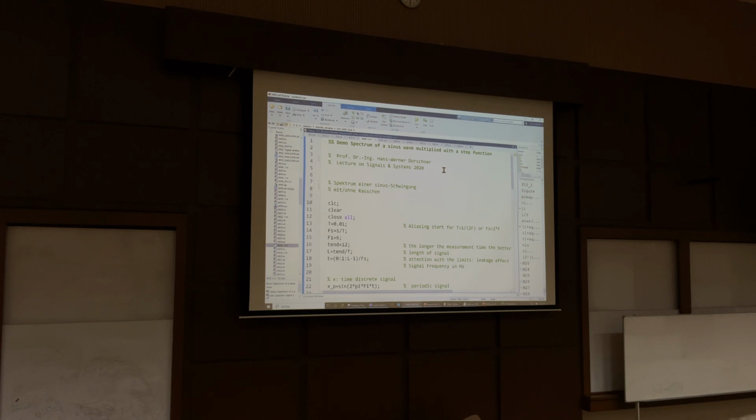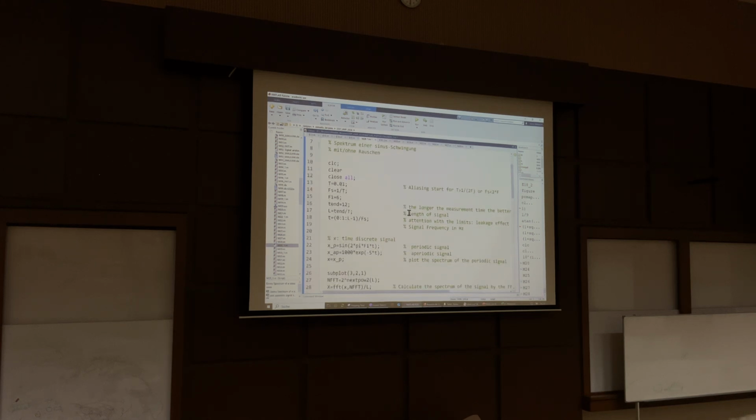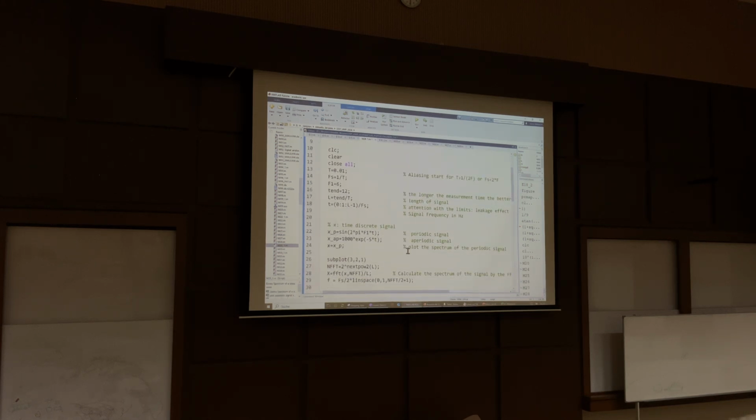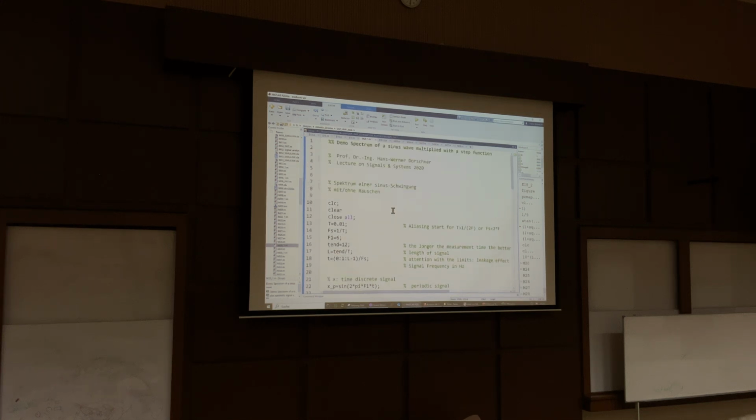You see, here's the sinus x over x. That is my aperiodic cycle. It's not a step function, but an exponential function.